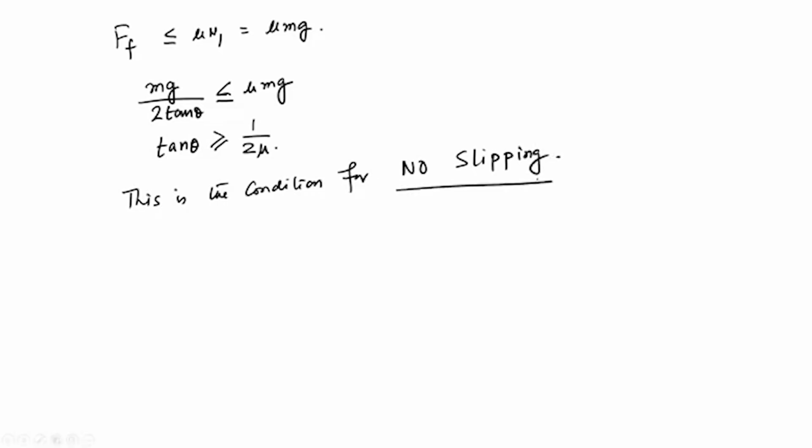Okay. So if you align the ladder at an angle whose tan is greater than 1 by 2 mu, one usually has an idea about the friction depending on the surface, and we do an eye estimation that this should be the angle.